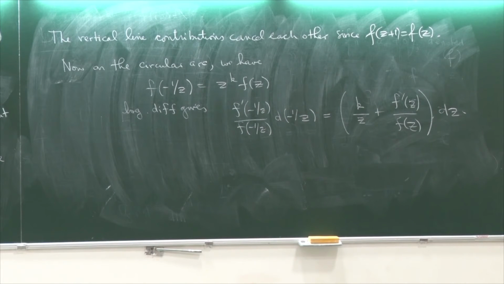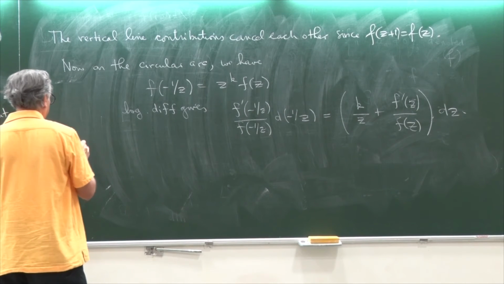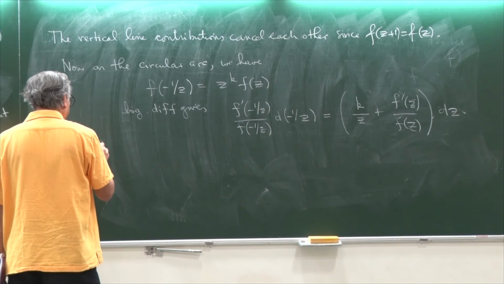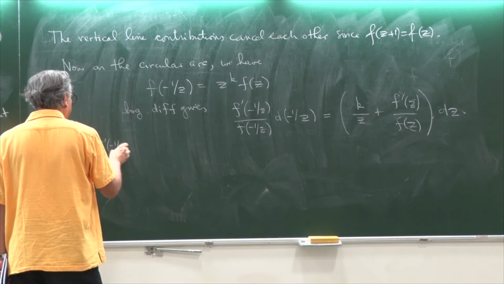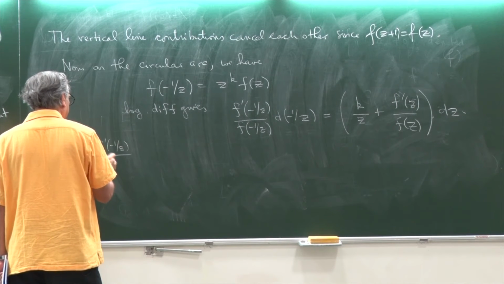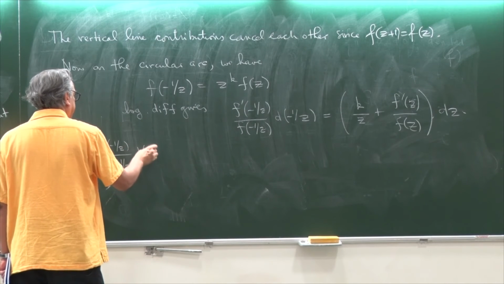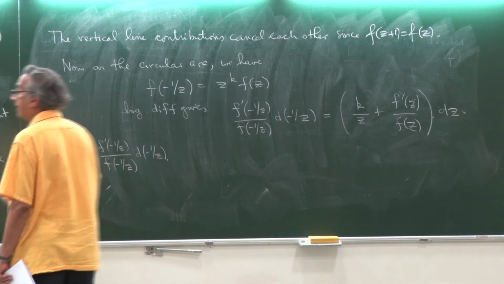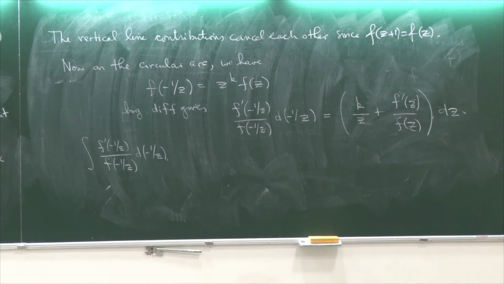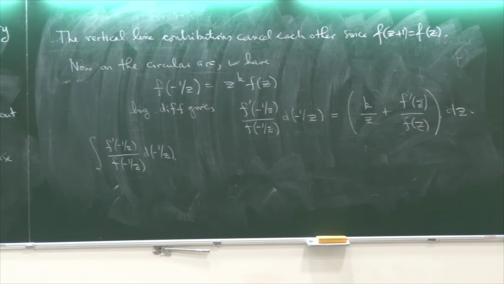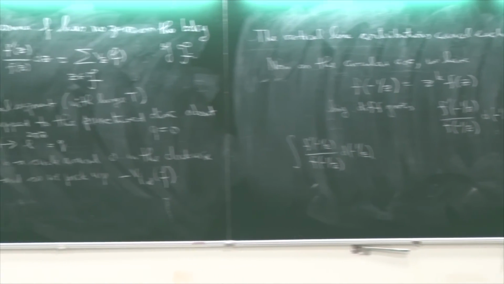then the integration of f prime of minus 1 over z, so I change the variable. The point is that as I move from here to here, I'm actually moving in the opposite direction from this point.